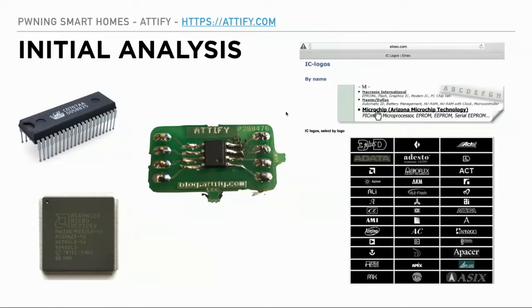So from the pictures, you figure out what chips it has, look at the manufacturer logos, figure out the exact model, and then look up the individual data sheet of that chip. That will tell you what the component is meant for, what frequency it works on, if it is a flash chip from where you can actually dump firmware, what the operating frequency is, how much the size is, and so on.